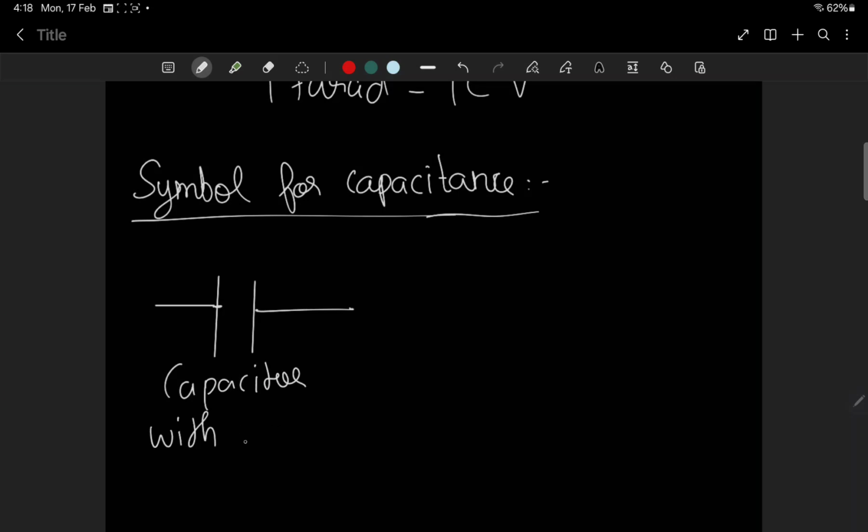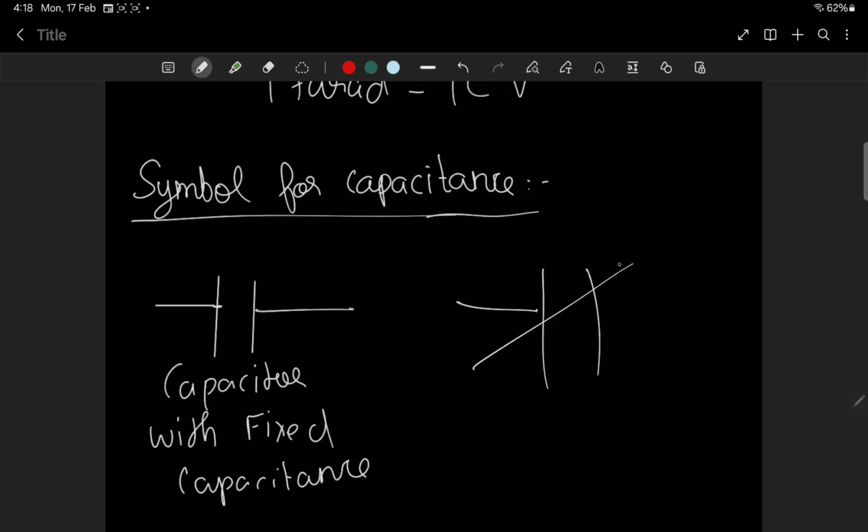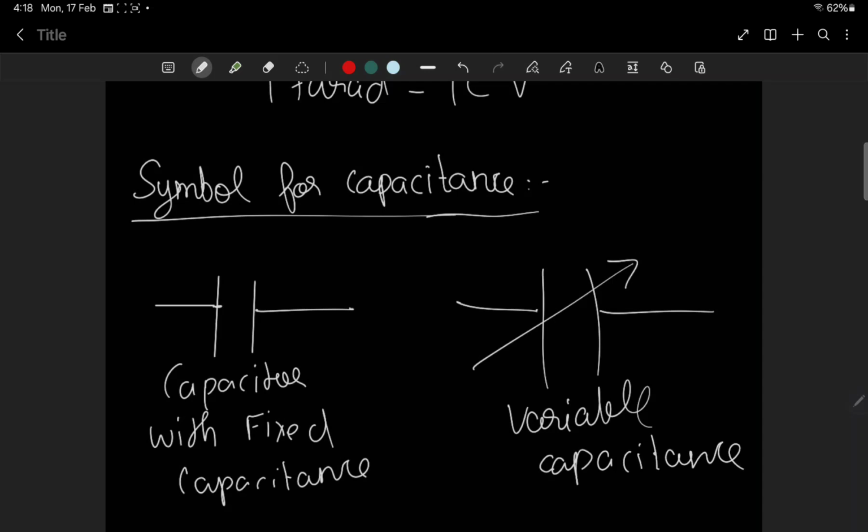There can be a variable capacitor also. We only learn fixed capacitance for our convenience and level of difficulty. We can also represent a capacitor like this, which has variable capacitance. Just see and keep the figure. Don't learn it.